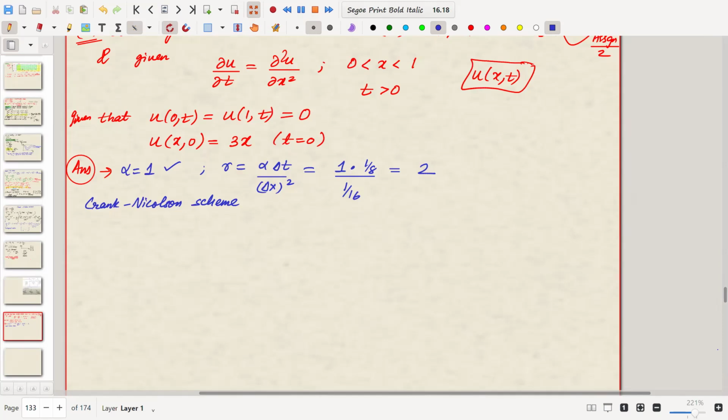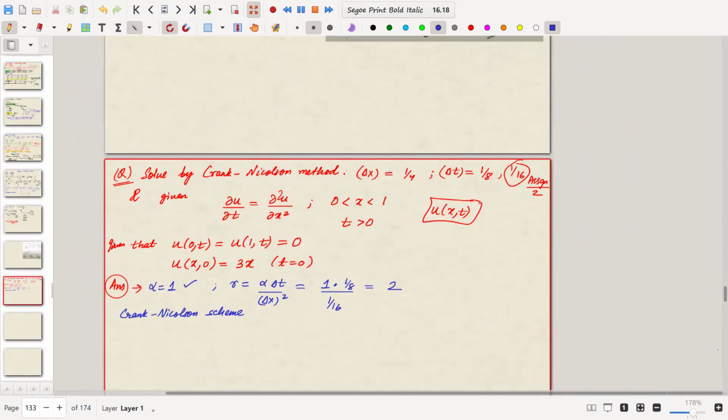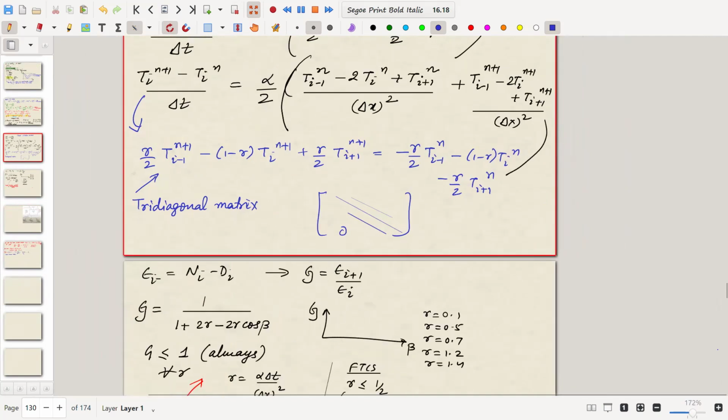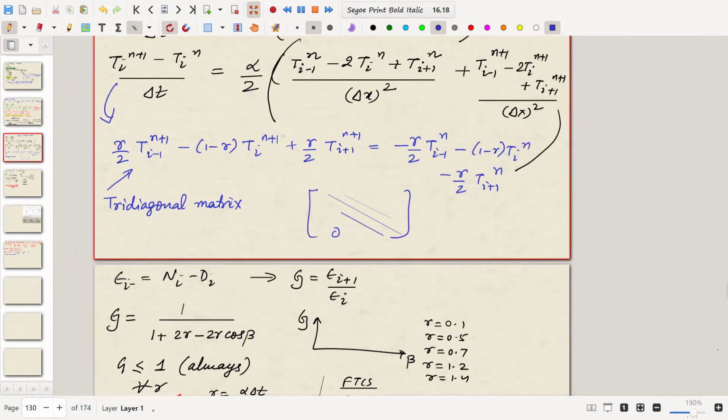Tell me the scheme. Can you note it down and tell me?